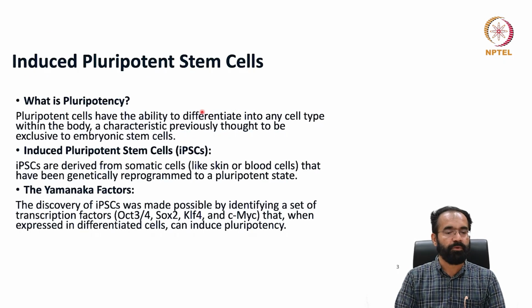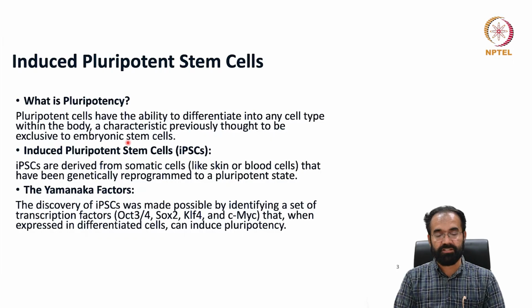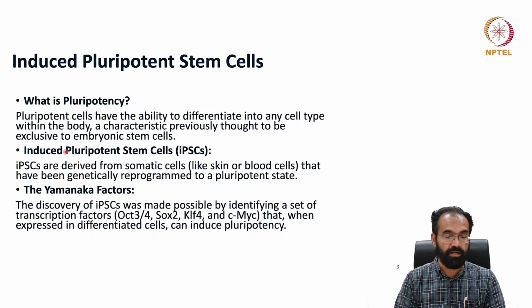So induced pluripotent cell. What is pluripotency? Pluripotent cells have the ability to differentiate into any cell type within the body, a characteristic that was previously thought exclusive to the embryonic stem cell. Now, a pluripotent stem cell also has the characteristics of an embryonic stem cell, except that an embryonic stem cell, while present in an embryo, can give rise to an organism, whereas a pluripotent stem cell will never give rise to an organism.